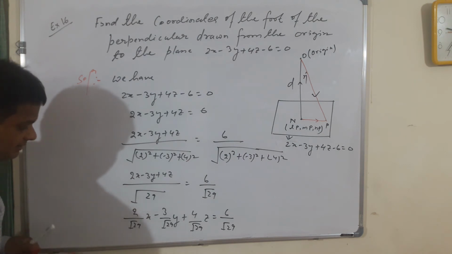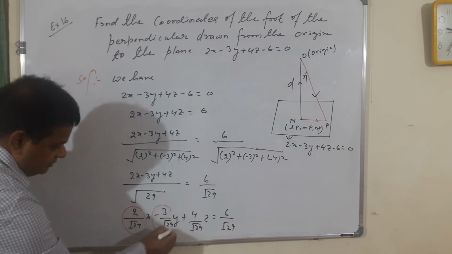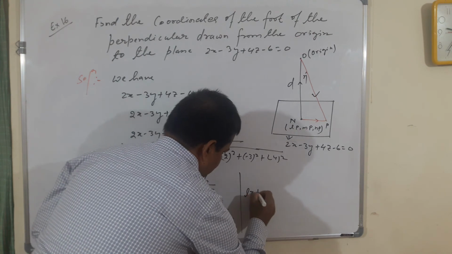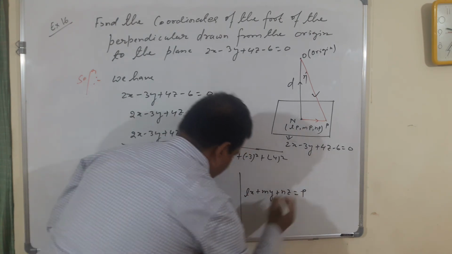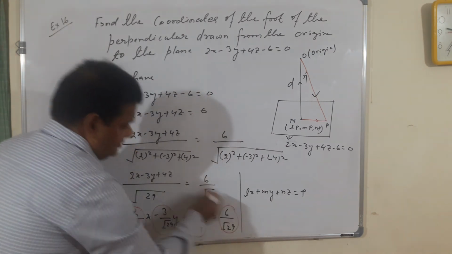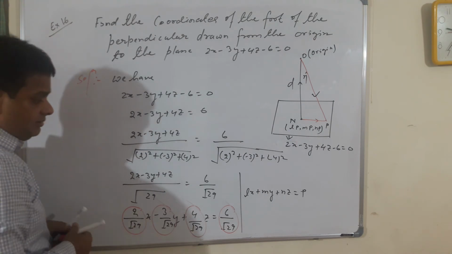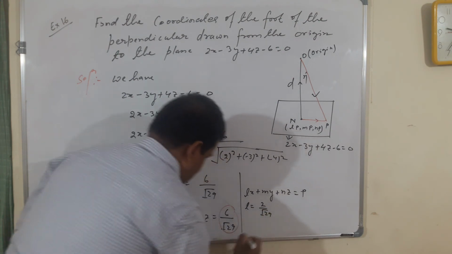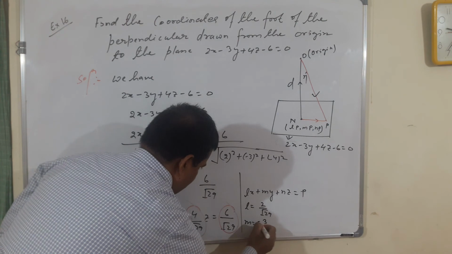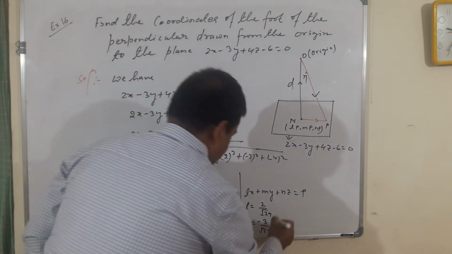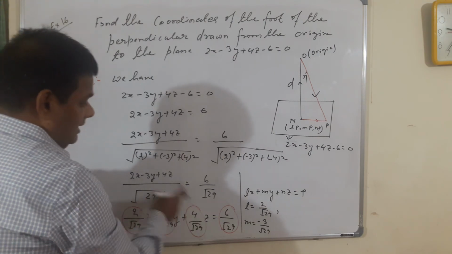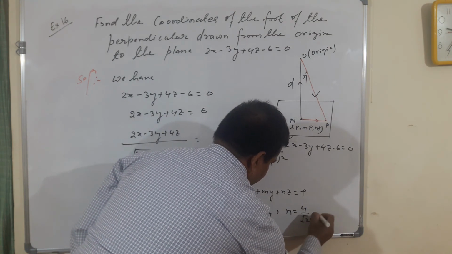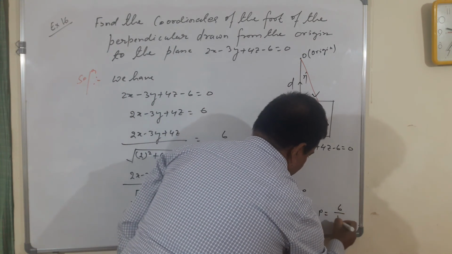This is your L, this is your M and this is your N. So it becomes Lx plus My plus Nz is equal to P, and this is your P. So L is equal to 2 by root 29, M is equal to minus 3 by root 29, N is equal to 4 by root 29 and P is equal to 6 by root 29.